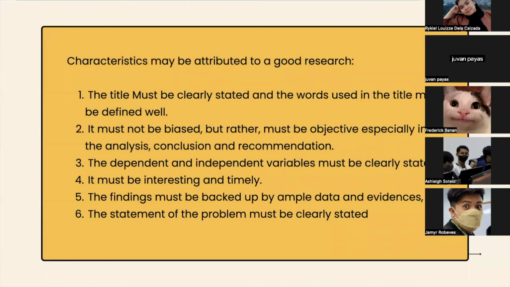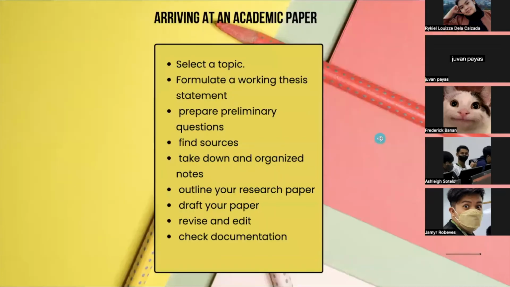Number five, the findings must be backed up by ample data and evidences. And lastly, the statement of the problem must be clearly stated. I'm sure, since you have done your research when you were in senior high, you already know most of these concepts. Now, how do we arrive at an academic research paper?